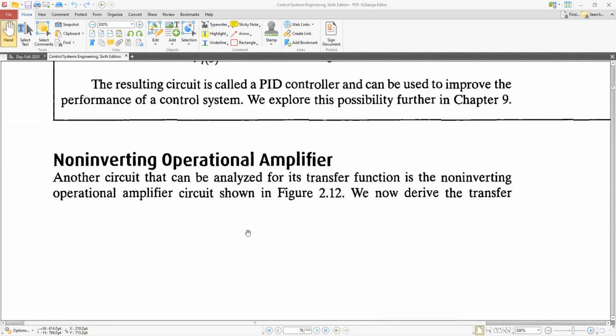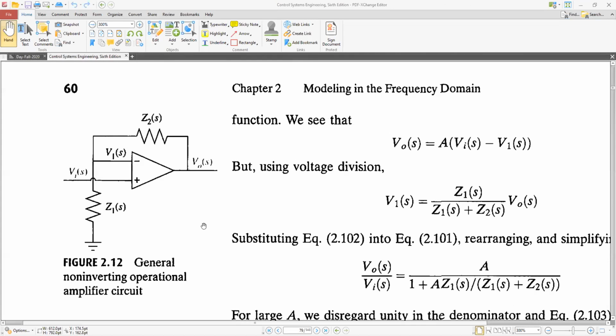Now, non-inverting op-amp. What would be the non-inverting op-amp? If we draw this kind of circuit diagram of an operational amplifier, then that would be the non-inverting op-amp.